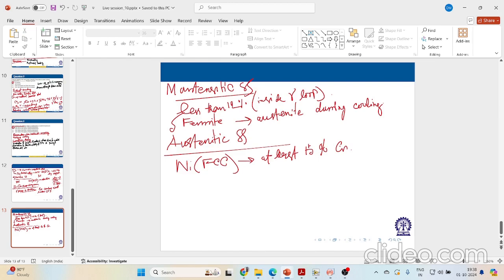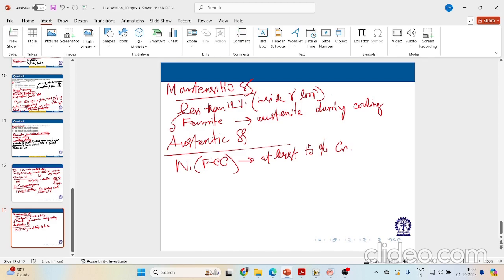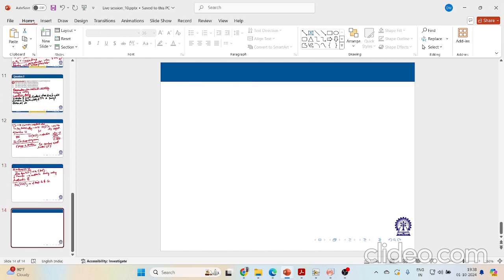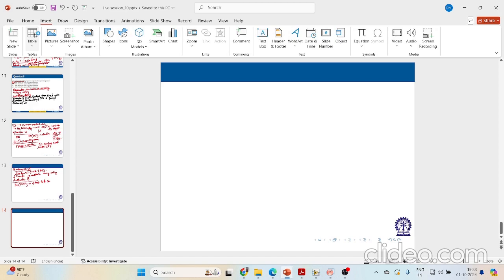So what I can do is note down the problems associated with different kinds of stainless steel and their solutions in a gist. Okay, so that I can do. I'll do that in terms of a table.